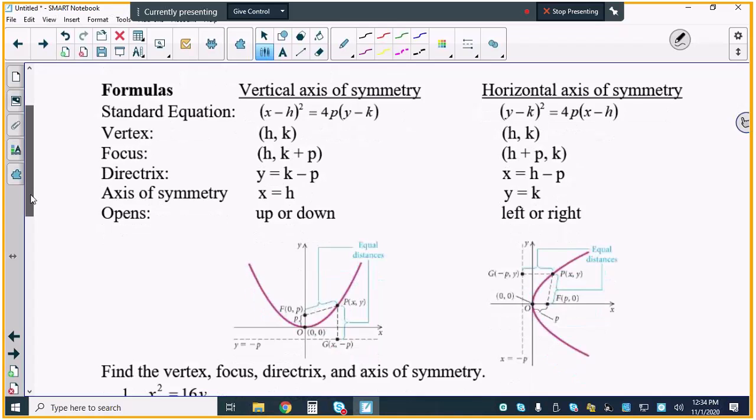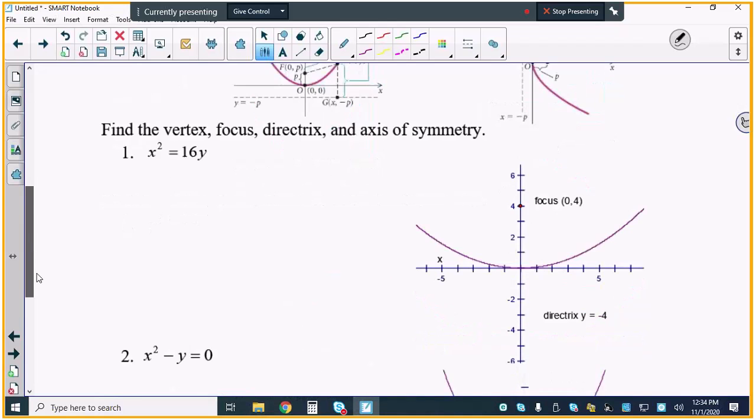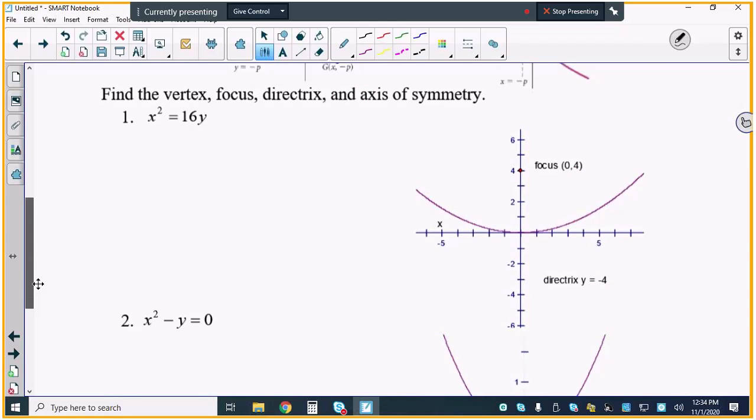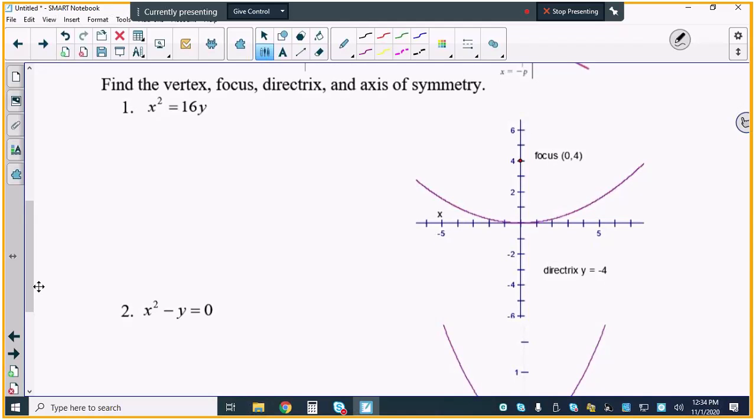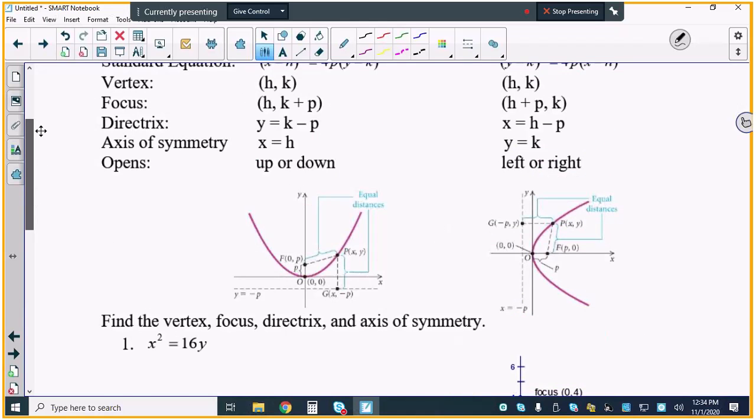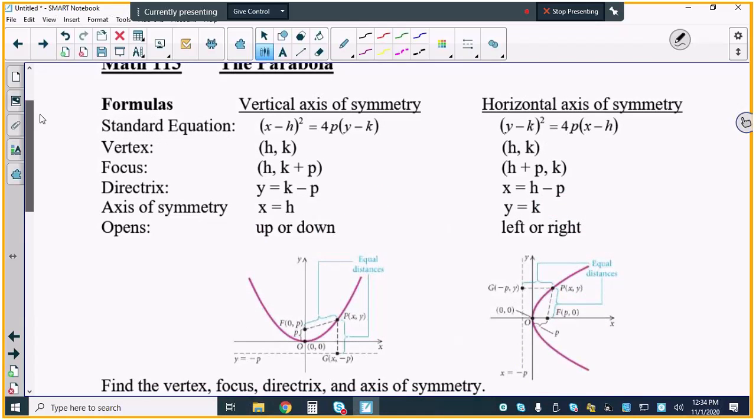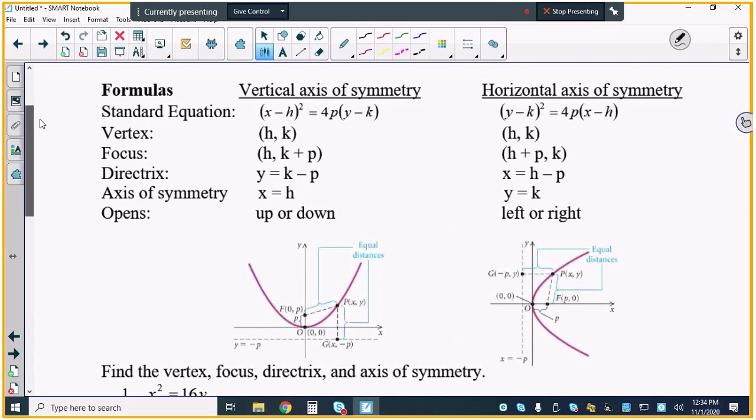With this setup, we are going to understand the different information that we can obtain from a given parabola in standard or general form. As we have seen in the circle, if the parabola is given in the general form, we have to complete the square to change it to the standard form first. In the first one, the square term is x and the linear term is y, so this is going to be a parabola which is symmetric with the vertical axis.